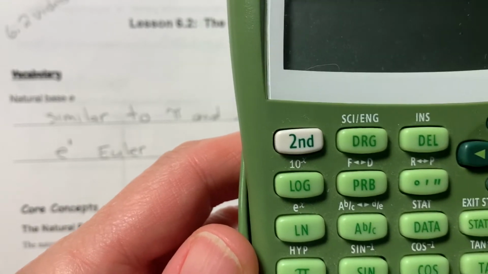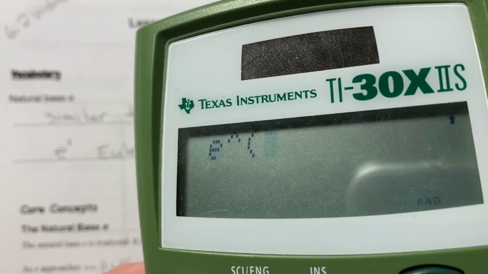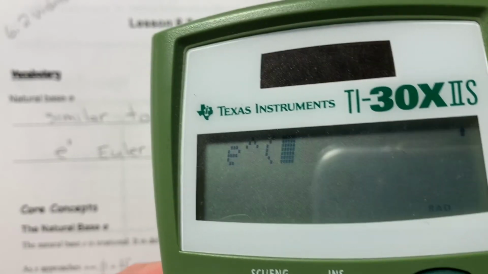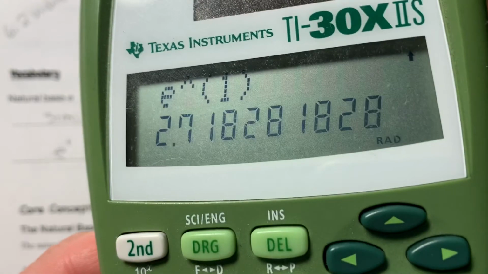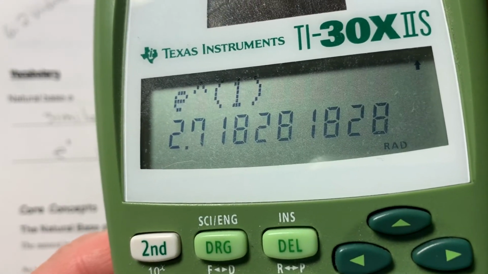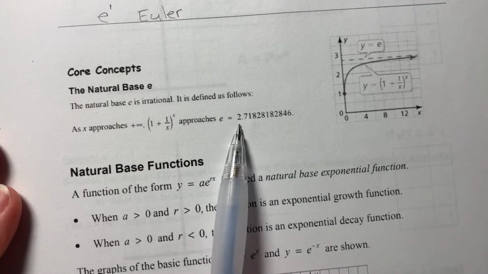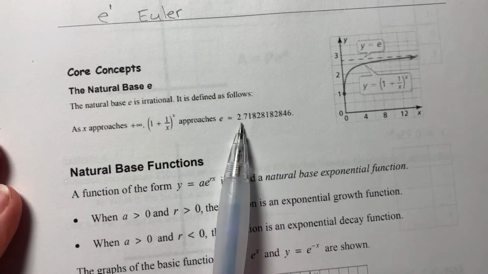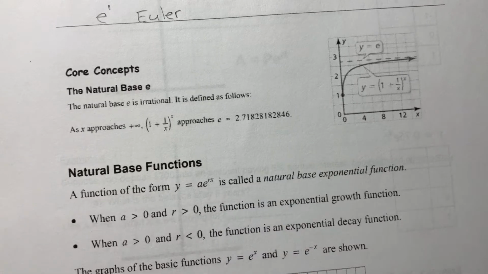So if I press second natural log, notice it says e to the, and then if I just put 1 in there, I'm going to get this number, 2.71828. So that is what e is. So if you look at your notes here, it says e is approximately that 2.718 number, that decimal that goes on and on forever and never repeats.